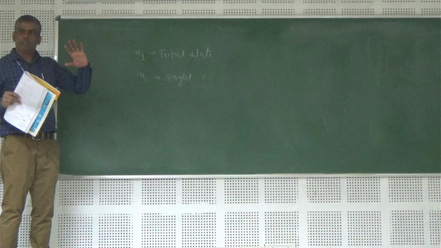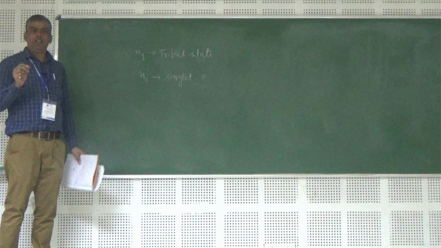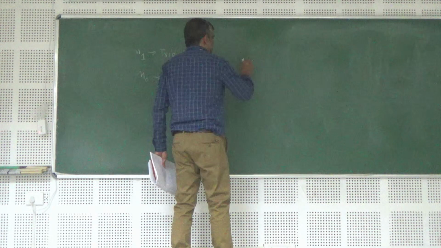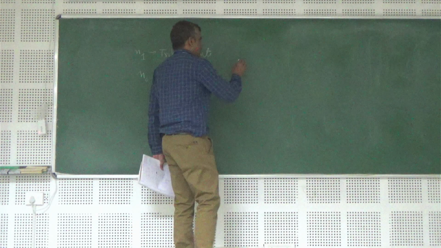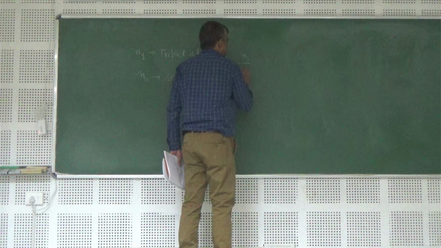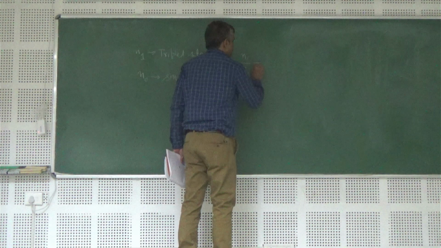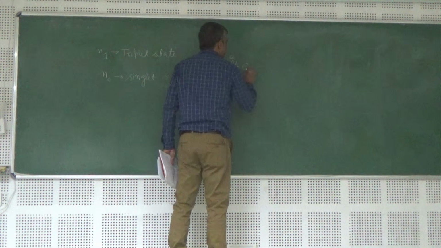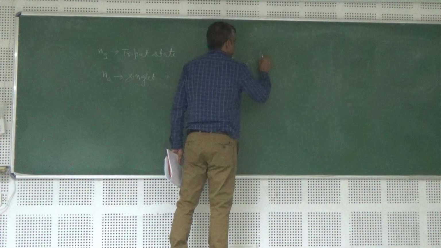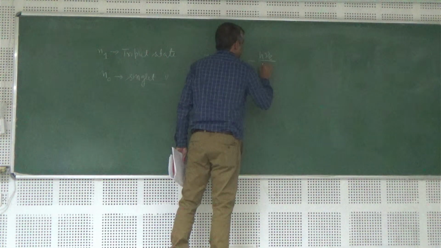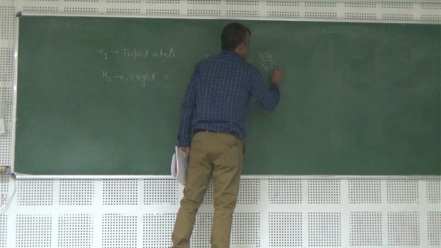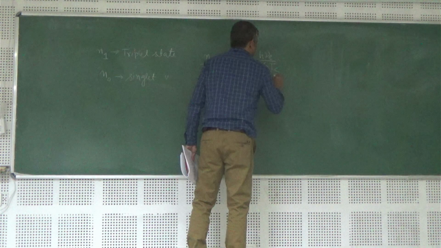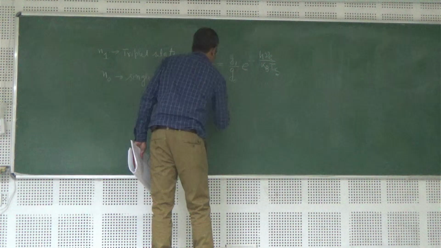But before I discuss that, there is one characteristic temperature called the spin temperature, and it is defined as N1 by N0 equals G1 by G0 e to the power minus h nu by KB Ts. So here Ts is the spin temperature.